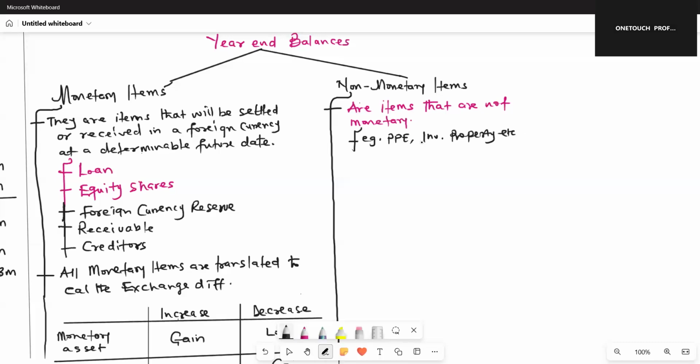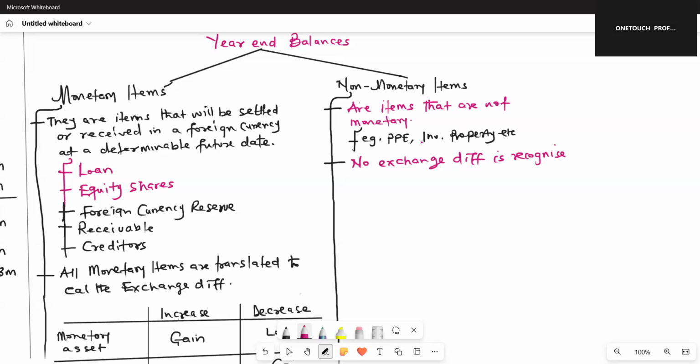What is the issue? At the end of the year, for non-monetary items, you are not supposed to recognize any exchange gain or loss on them. No exchange difference is recognized because these are not items that you expect to pay cash or receive cash.